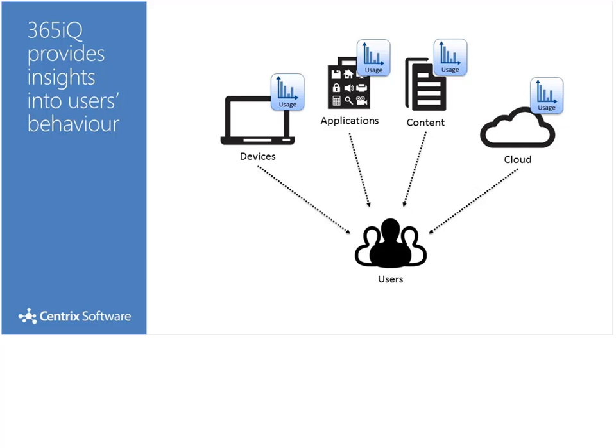But rather than just a simple inventory, what we're looking at is real usage across your entire organisation, across your network. That then allows us to make some decisions which are specific to Office 365.